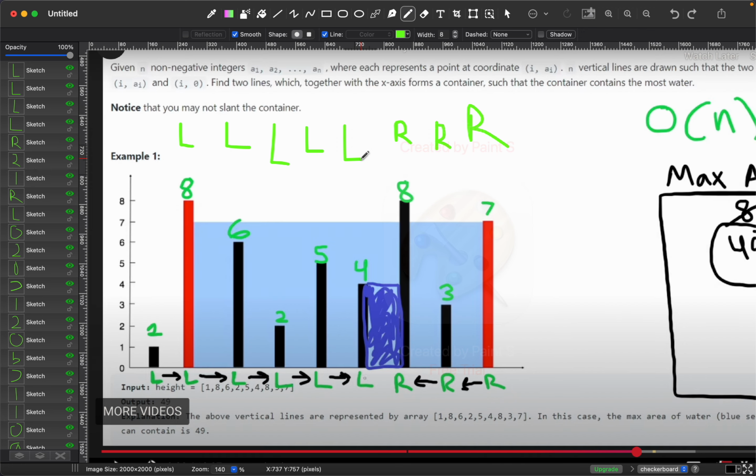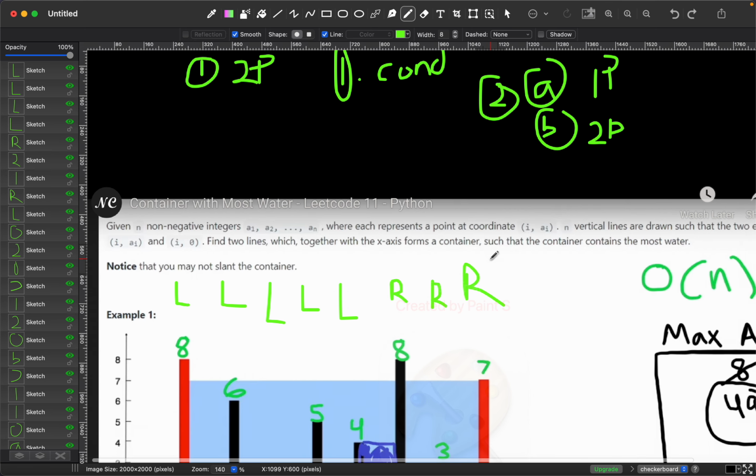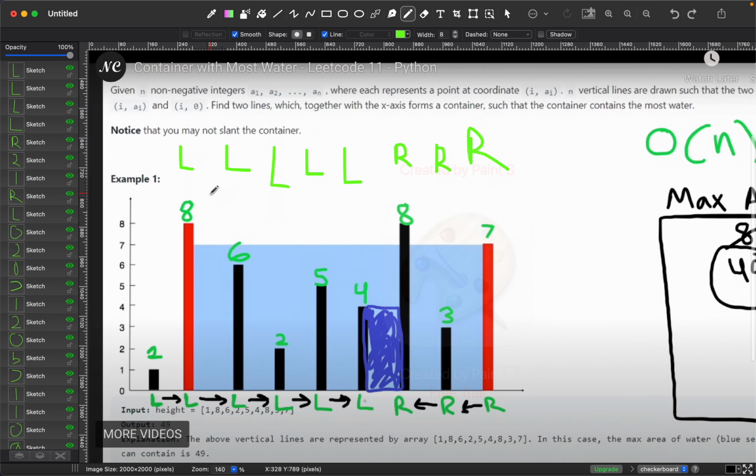R is still taller, and R is still taller, right? So that's how the intuition works, and it's very similar to our previous one, just that the conditional this time around is slightly different. We are comparing both the L and R, to see which one is taller. If one is shorter, we cannot move it. And obviously we did miss out on the left edge cases.